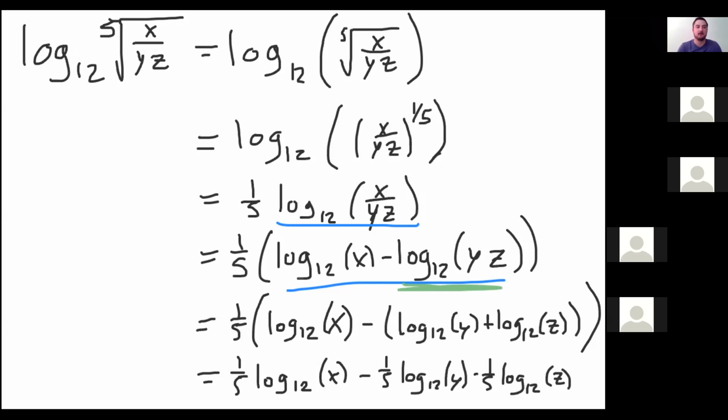And that will be my final answer, because again, I asked myself that same question. Is there any other properties that I can apply? Any exponents inside logs? Am I dividing things by logs? Or dividing things inside of logs? Am I multiplying things inside of logs? And that last line, after I've kind of redistributed everything, I know that there is nothing else.